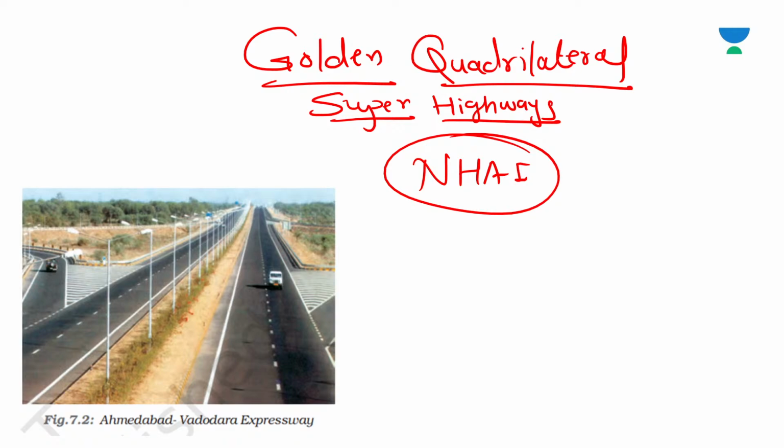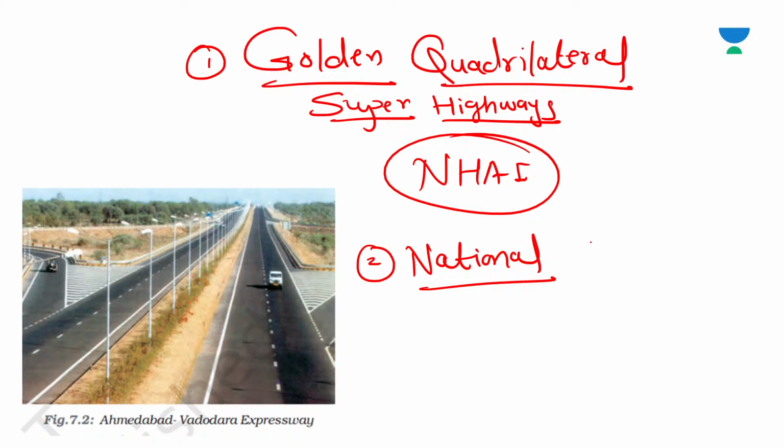Then the second one is National Highways. National highways link extreme parts of the country.